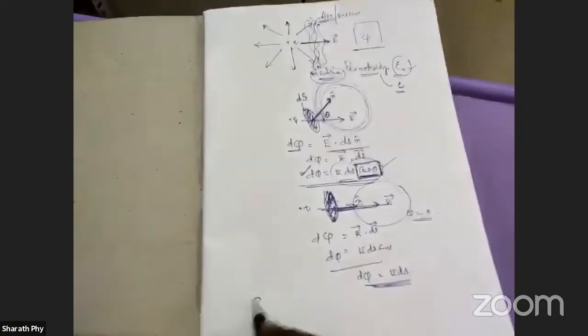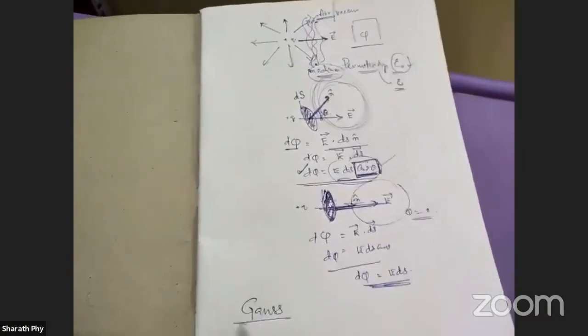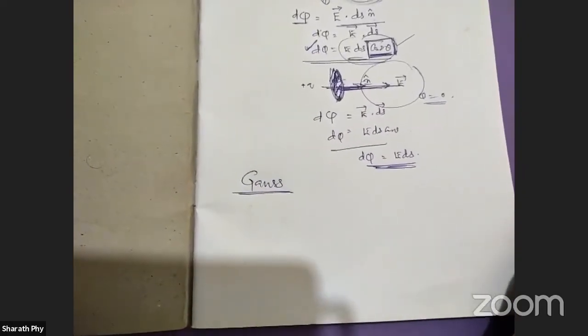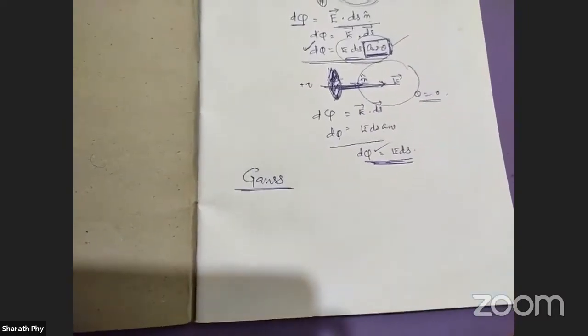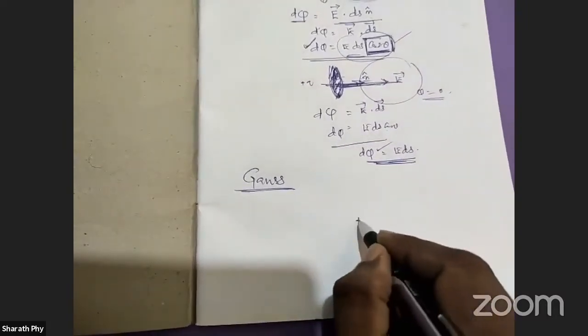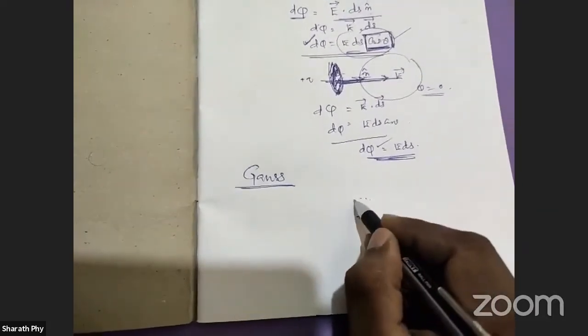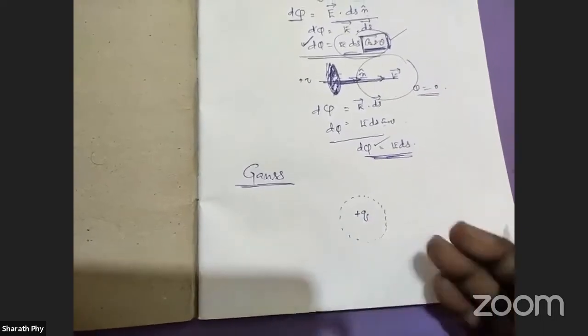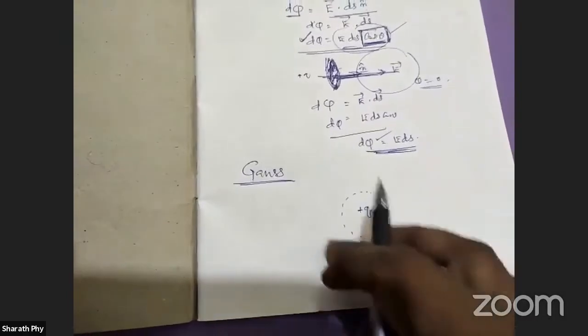But Gauss, the mathematician, suggested a very shortcut method to calculate this flux. What he is telling is, if any positive charge is there, you just imagine a closed surface. You keep the charge in the center, and around the charge you imagine a surface.